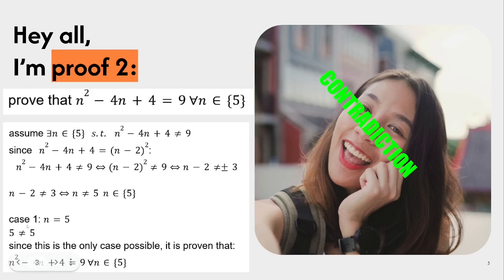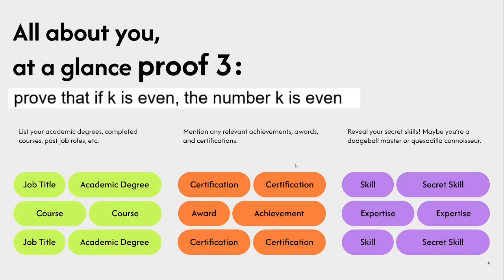And since in case 1 we have n equals 5, 5 does not equal 5. That is a contradiction, meaning that that would not work. And since that is the only case possible, since the set only has 5 in it, we have that the proposition is true, because if we assume the opposite, we run into a contradiction, meaning that n squared minus 4n plus 4 equals 9 for any and all numbers n in set 5.